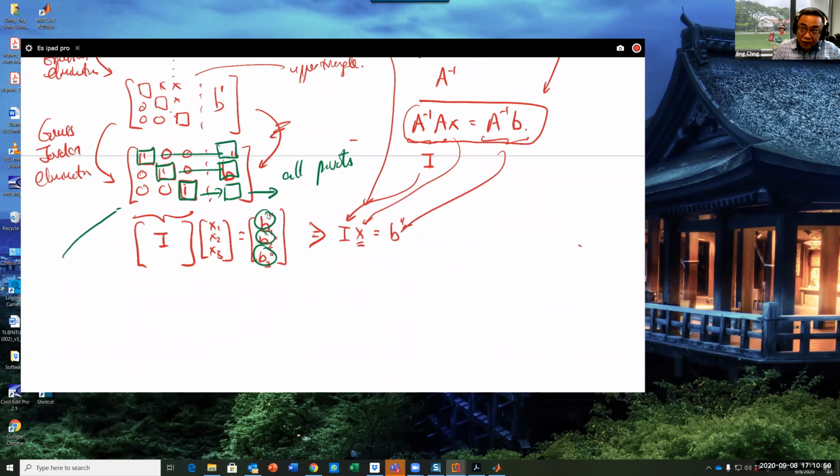In the Gauss-Jordan elimination, you're reduced to identity, and when you are trying to solve anything with this identity, you realize that this x1, x2, x3 will be equal to the right-hand side. There's nothing to do. So it's unique. Okay?